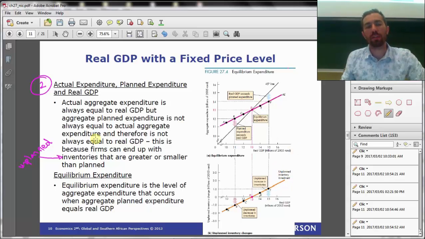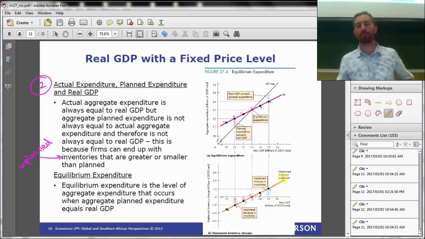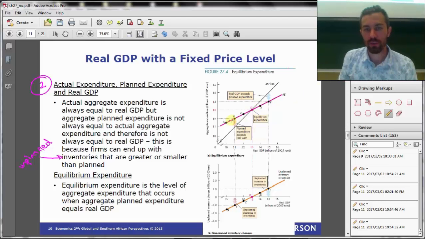What we have plotted in this diagram underneath our aggregate expenditure function is our unplanned inventory investment. Okay. The relationship between this function and this function is as follows. At point D, if we start at the point of equilibrium, are you happy that the level of planned expenditure, which is 13 in our case, is equal to the level of output 13?